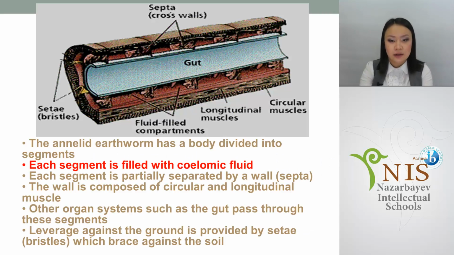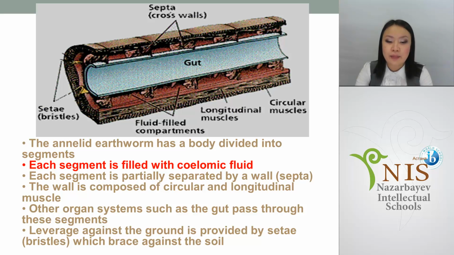Look at this picture. This is a cross-section of the body of this worm. You see here the annelid earthworm has a body divided into segments. Each segment is filled with coelomic fluid.